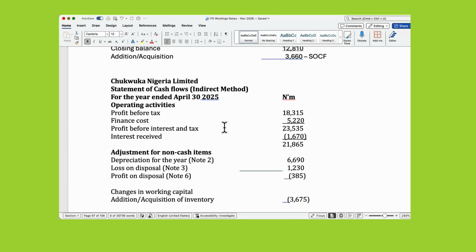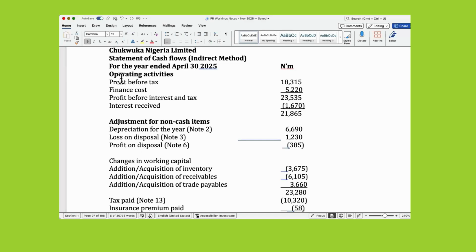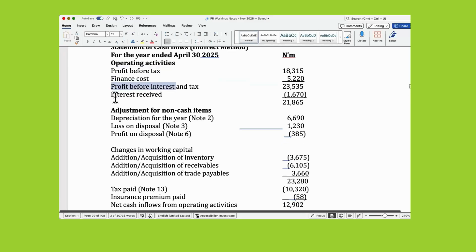From this question, we were able to prepare this statement. We started from profit before tax. We moved back to PBIT. Then we adjusted for interest received and all that. Then we adjusted for all non-cash items, either income or expense, that might have been added to your profits.